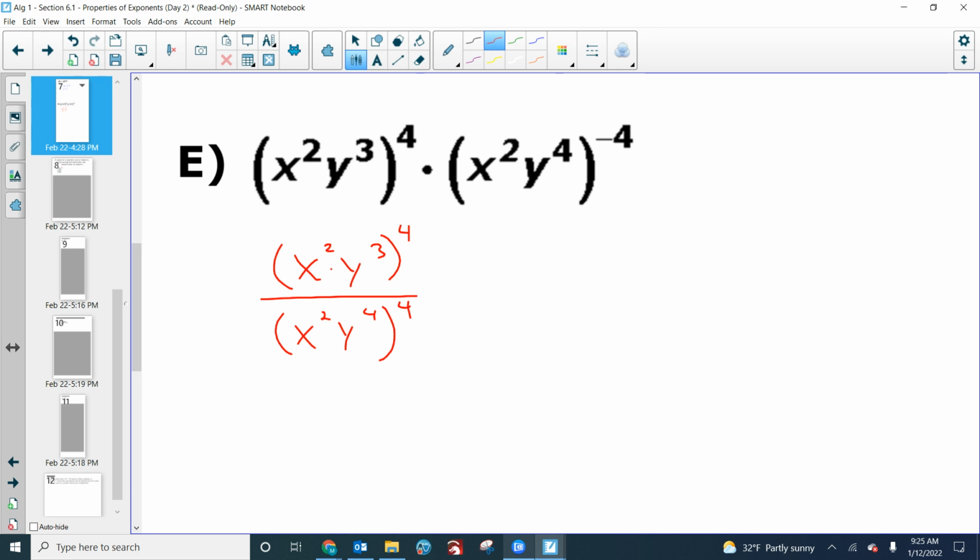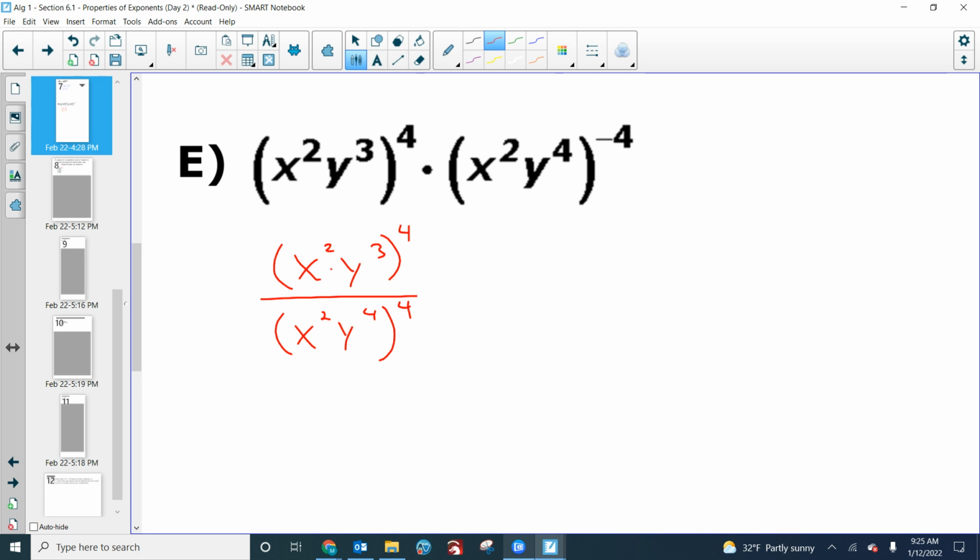I don't really want to write out x squared y cubed multiplied out 4 times, do you? Do you want to multiply x squared y cubed times x squared y cubed times x squared y cubed times x squared y cubed? I don't really want to. Is it just distributing the 4?